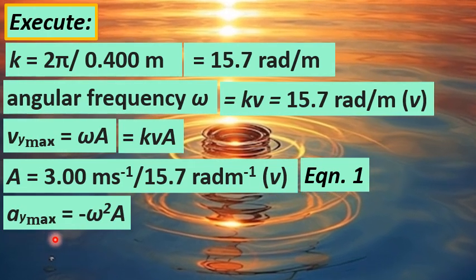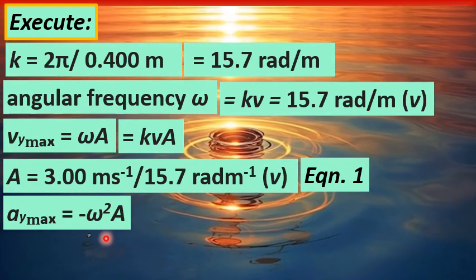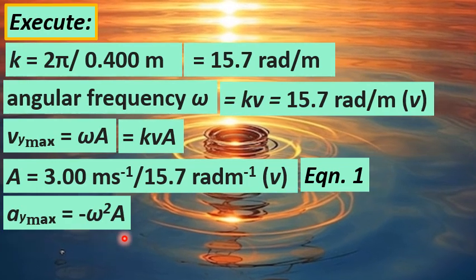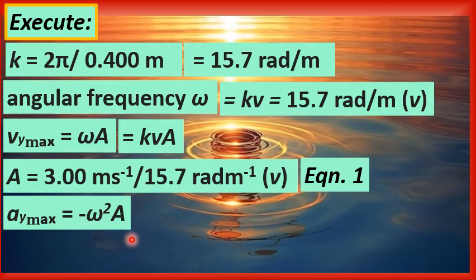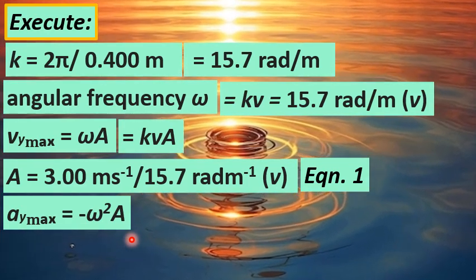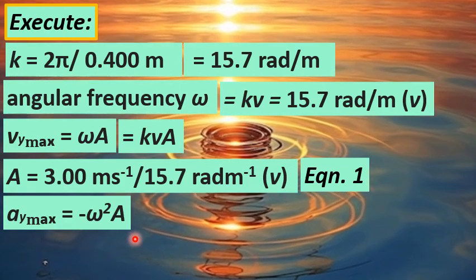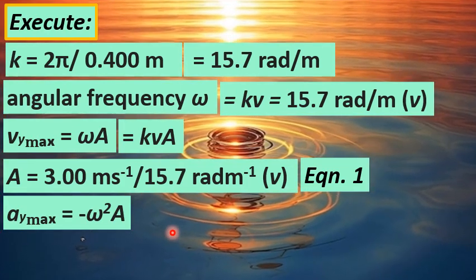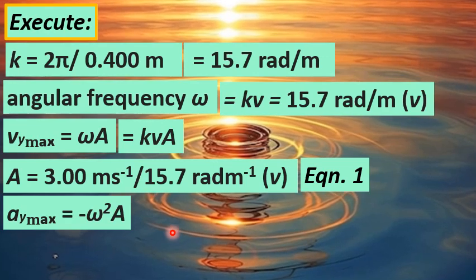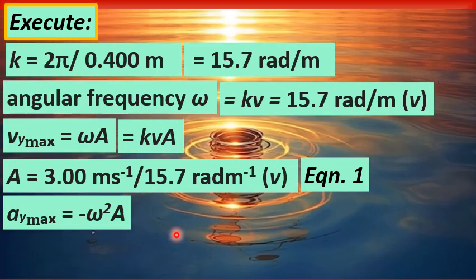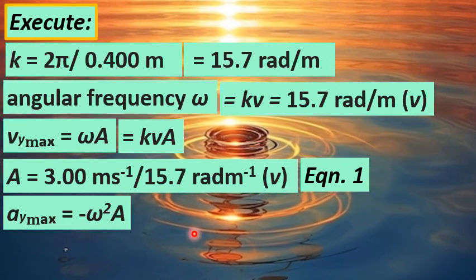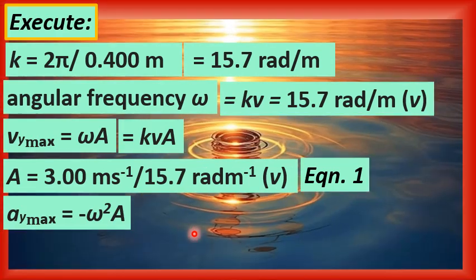So a sub y max is just equal to the square of omega multiplied by the amplitude A. Again, we can express this in terms of the wave number k, as well as v, the wave speed of propagation.